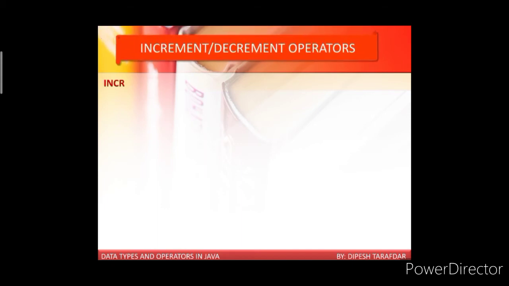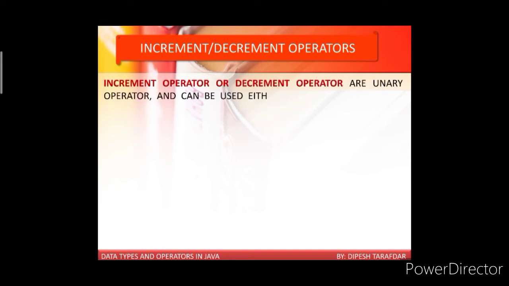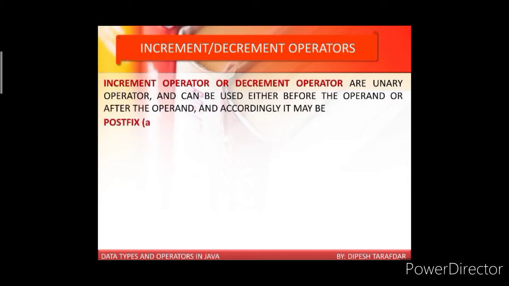Continuing with increment and decrement operators, they are unary operators and can be used either before the operand or after the operand, and accordingly it may be postfix as in the case of a++ or a--.